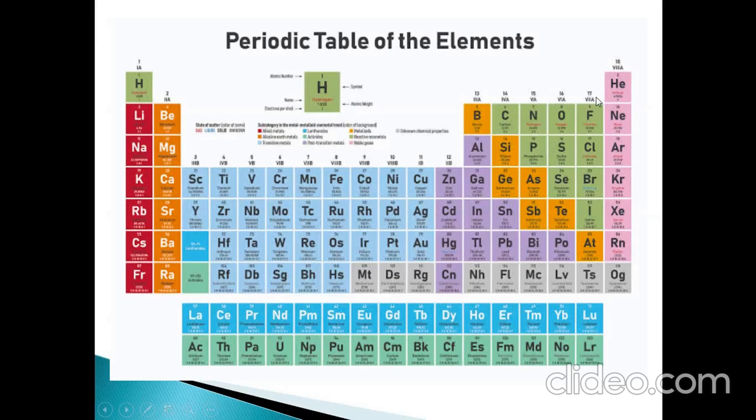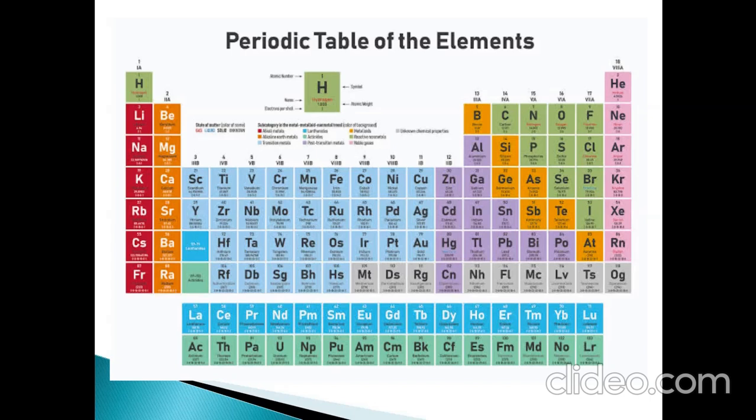Now let us study the next group, that is group 17 or 7A. It consists of fluorine, chlorine, bromine, iodine and astatine. These elements, this group, has 7 valence electrons. They have valency 1, that means they are univalent. They undergo reduction.